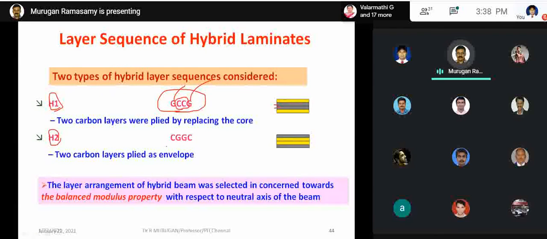The other one is just the reverse. For the H2 layer arrangement, two carbon layers are kept outside, two glass layers kept inside. Just for study purpose, we have chosen these two types of hybrid layer arrangement. By choosing this, we can easily get the balanced modulus property. So we have selected a symmetric layering arrangement.